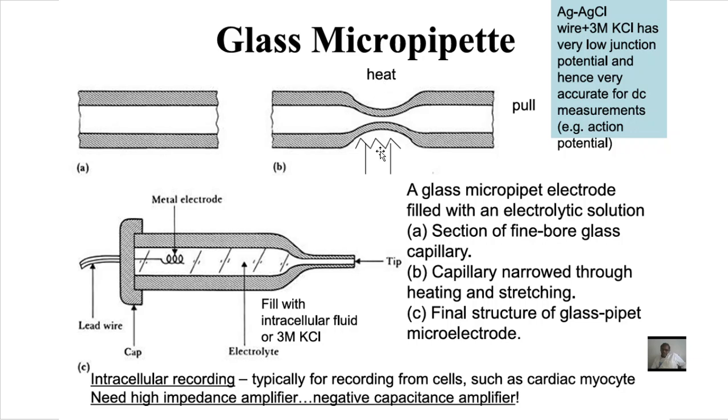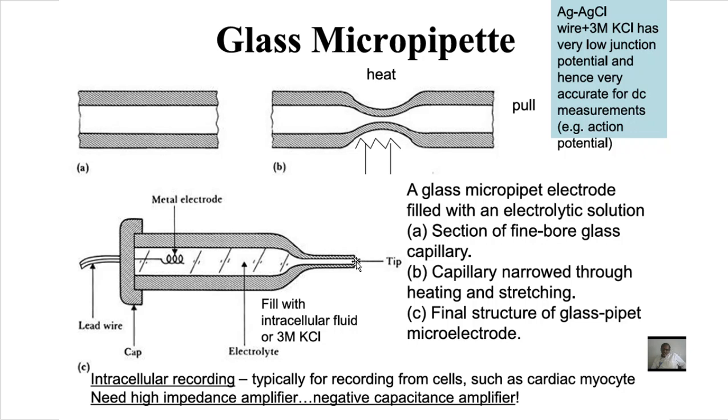After that, this is cut into two pieces. Now we have this kind of arrangement. On one side we connect the metal electrode, which is connected with the lead wire for the external circuit. On the other side we have the tip. This is filled with the electrolyte, so it acts as the pipette.